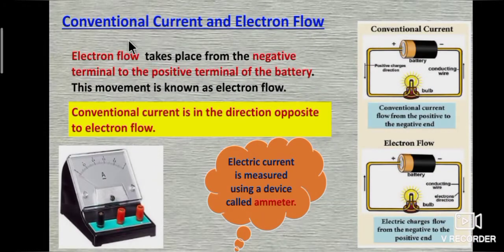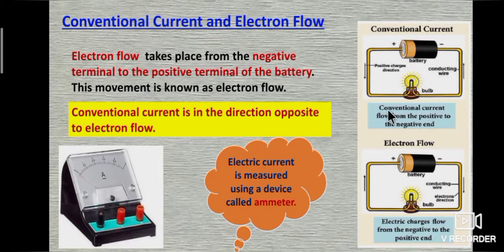Next we have discussed conventional current and electron flow. Electron flow takes place from the negative terminal to the positive terminal of the battery. This movement is known as electron flow, and it is also known as actual current.